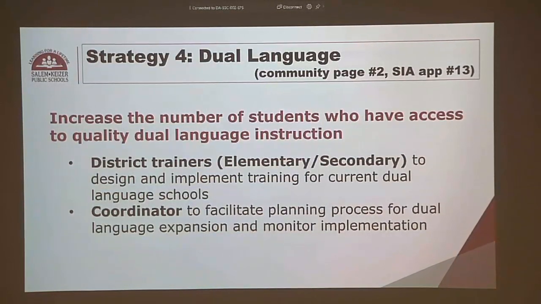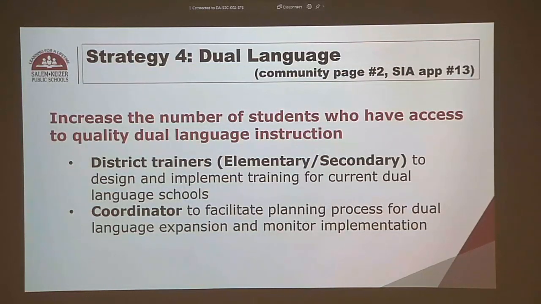So what training and supports are unique to dual? I was a dual principal and I worked in a couple different dual language schools, and you need some unique training because it is different in a dual language classroom than it is in other classrooms. So we wanted to provide trainers in both the elementary and the secondary levels to be able to provide quality PD for those teachers.